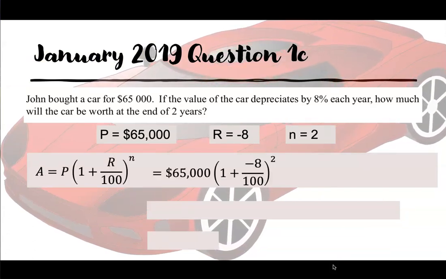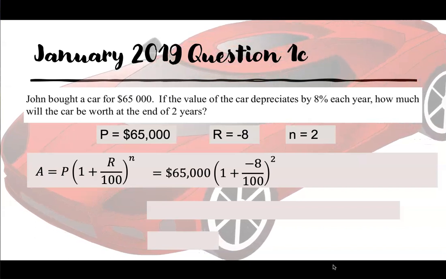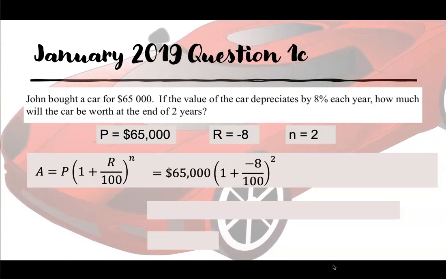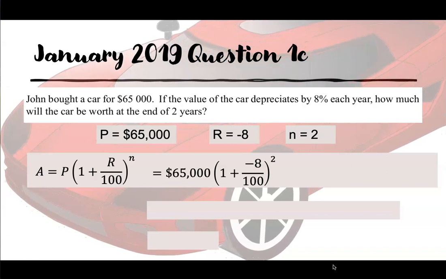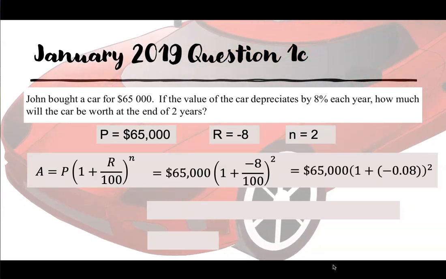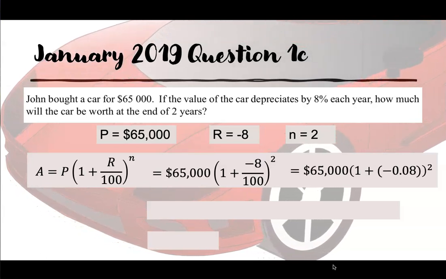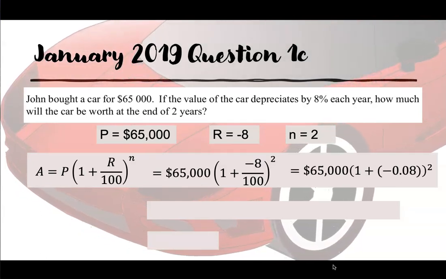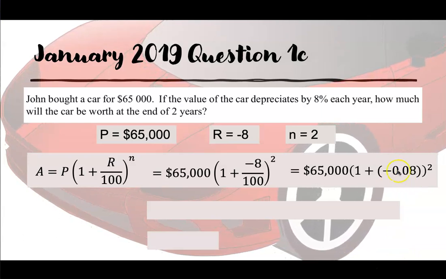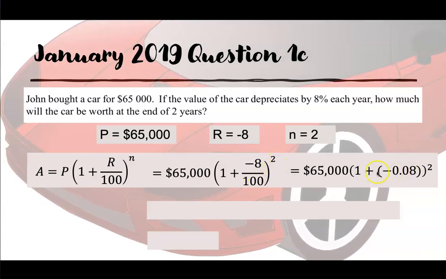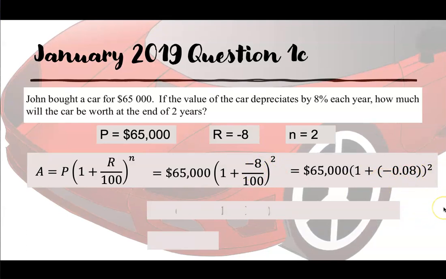Alright, so we have $65,000 times, in brackets, 1 plus negative 8 over 100, all squared. Negative 8 divided by 100 is the same as negative 0.08. Right, so it's 1 plus negative 0.08. Notice importantly, right, it's negative 8 over 100, so it's negative 0.08. And it's to the power 2.